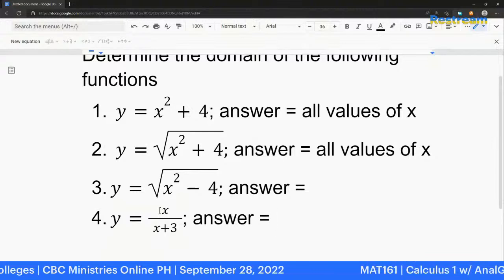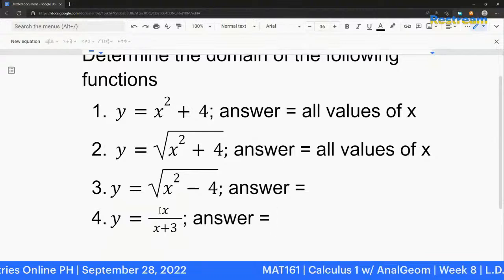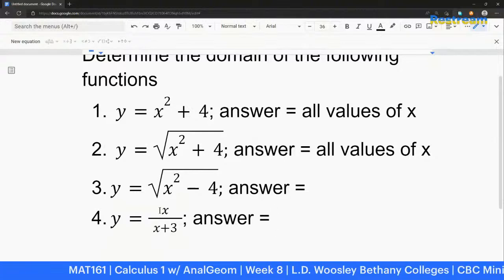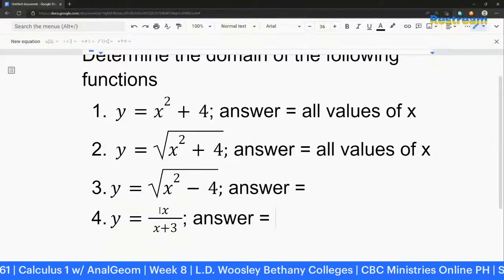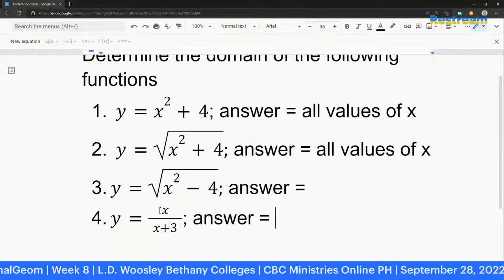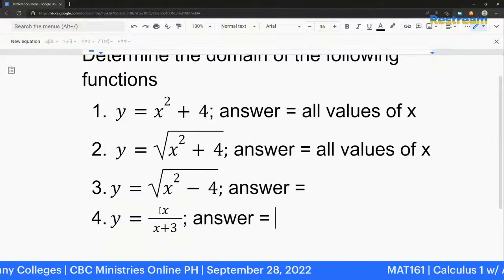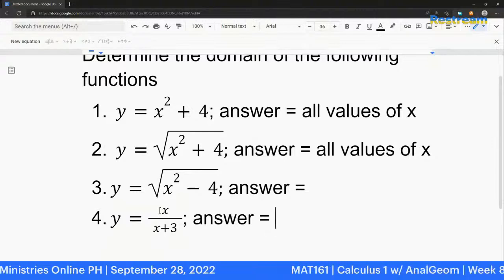Okay, I'm waiting for Josh and Gian to answer. Let's wait for them. So number 3 is for Josh, number 4 is for Gian. So the domain.